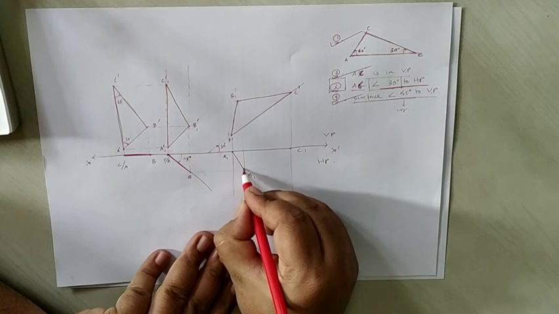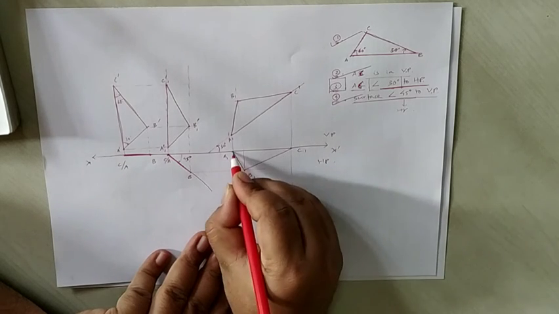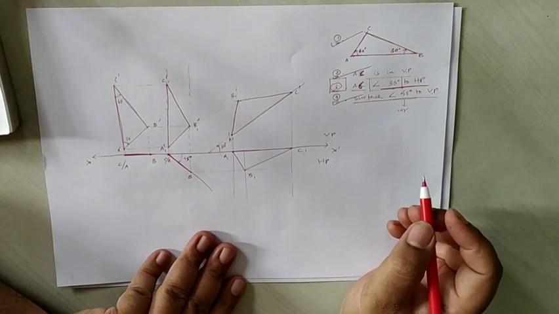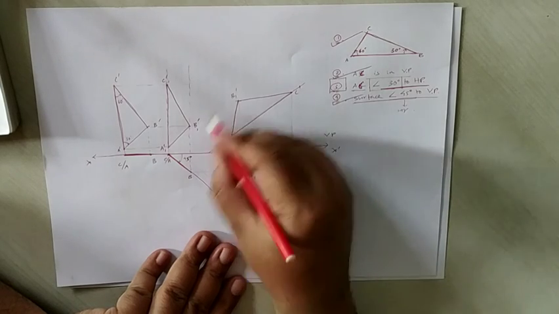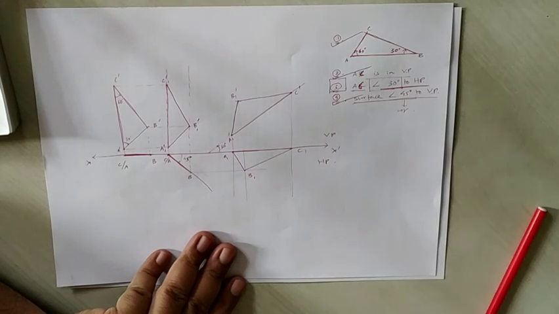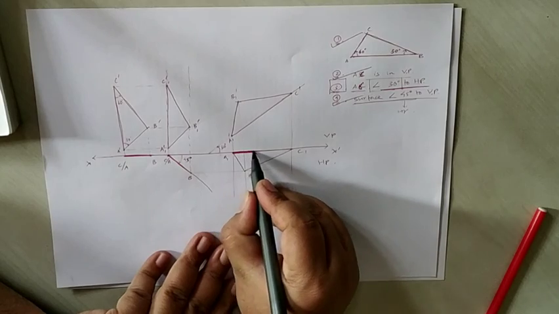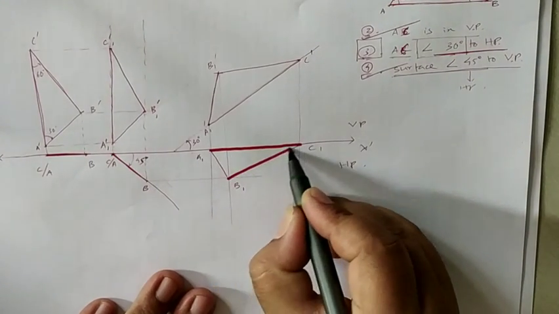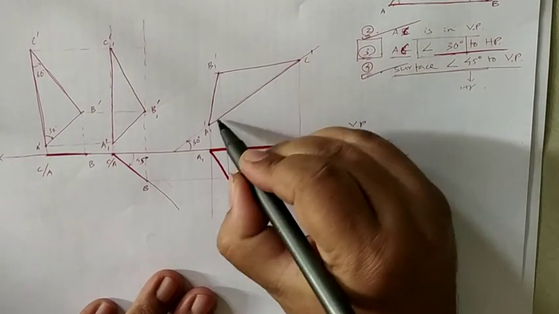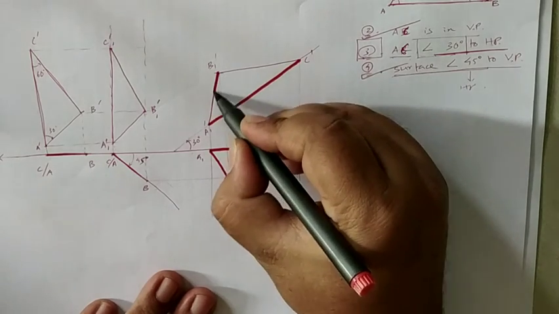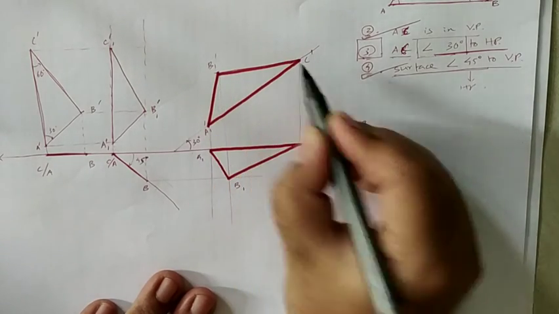So you see, this is the final plan, and here it is at 30 degree. Now since this is the final plan and elevation, we will darken it. Simply you darken it using a thicker pencil, and this is the solution. Thank you.